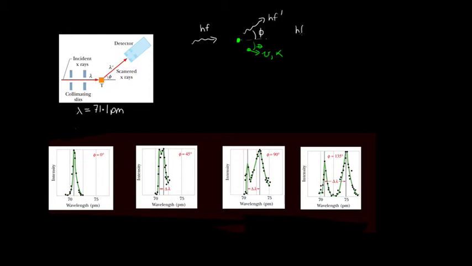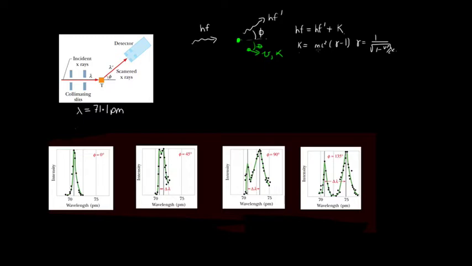So we have hf equals hf' plus K, where K is the kinetic energy of the electron. Now, these electrons can recoil really fast, so we do have to account for relativistic effects. Relativistically, the kinetic energy is given by mc squared times (gamma minus 1), where gamma is equal to 1 over the square root of 1 minus v squared on c squared.